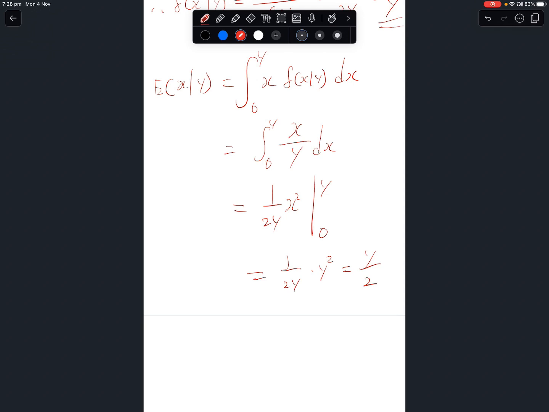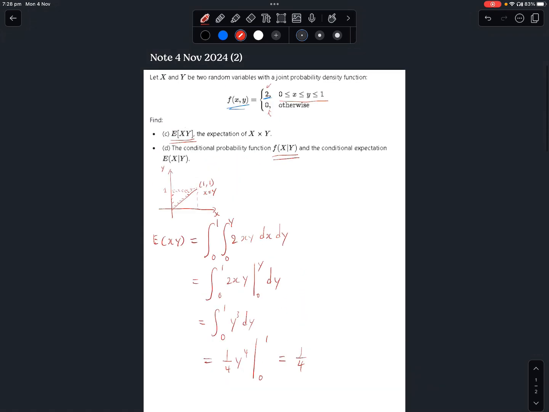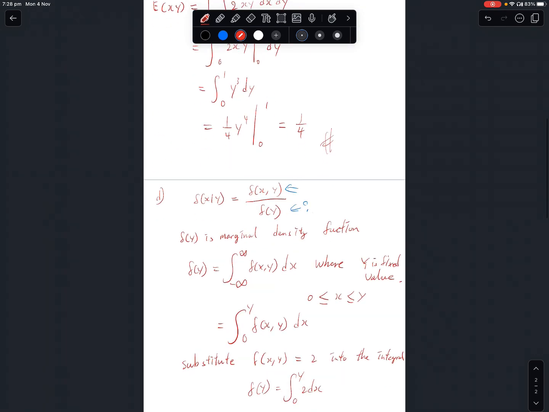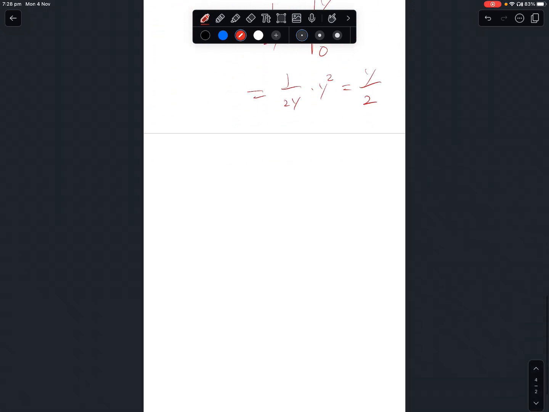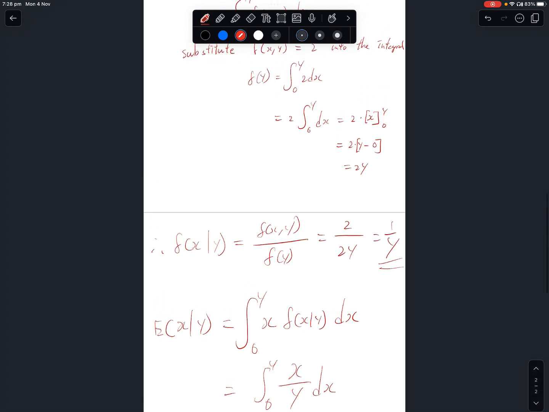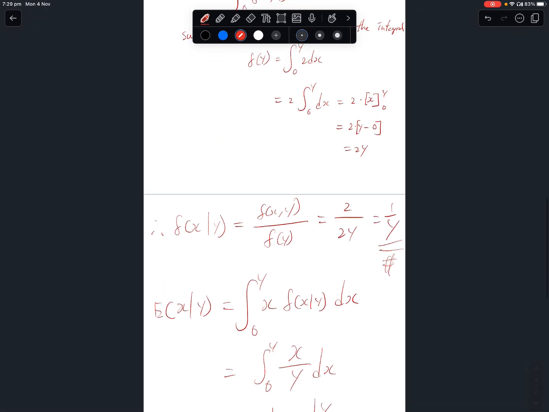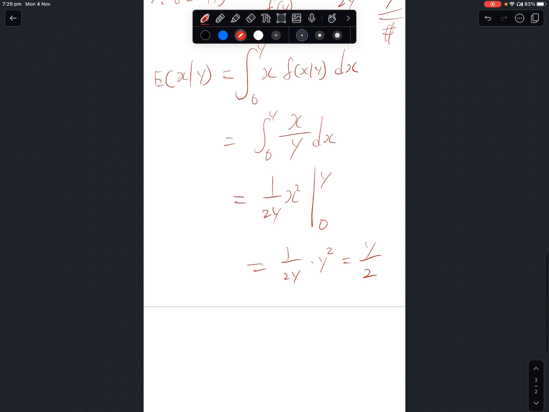So we calculated the expectation of x times y as 1 over 4 here. Then we derived the conditional probability function of x given y as 1 divided by y, and then we found that the conditional expectation of x given y is y divided by 2.